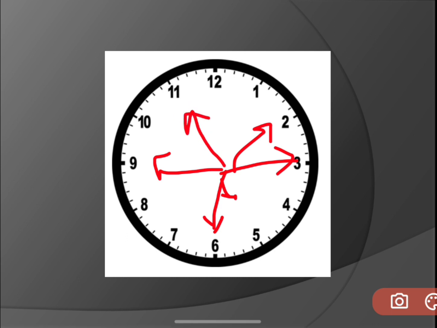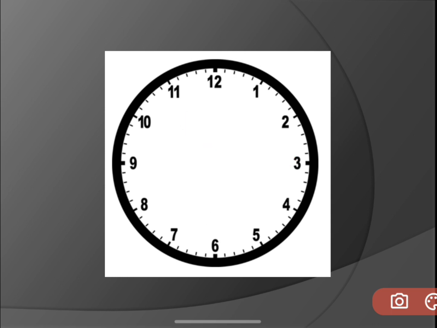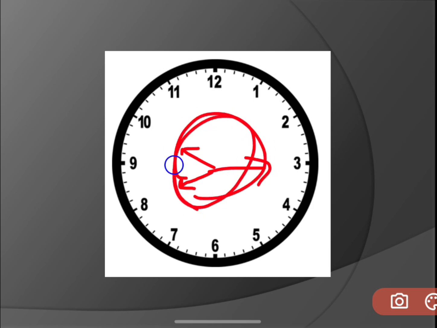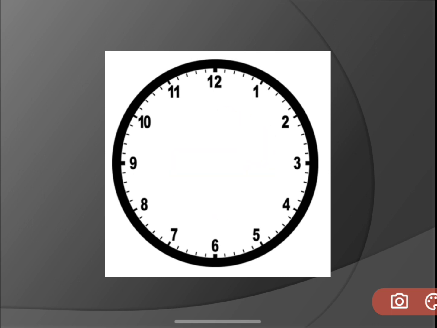The longer hand rotates, and the shorter hand also rotates. The short hand will be sometimes on 8, sometimes on 10, so it rotates. When the short hand rotates, you have learned that it is 8 o'clock, 11 o'clock, 3 o'clock, 5 o'clock.